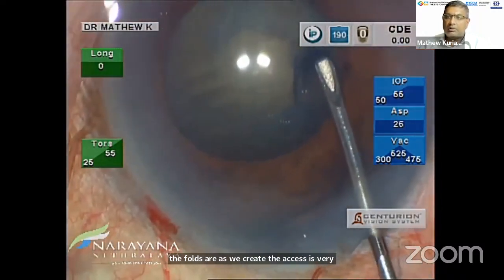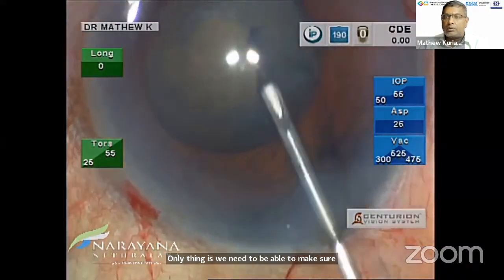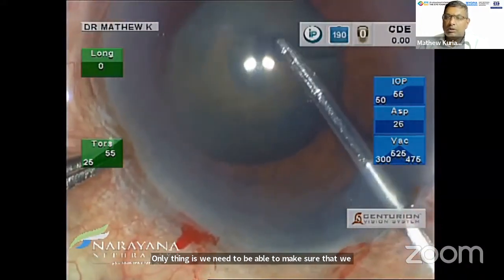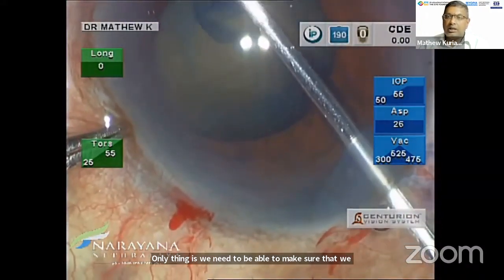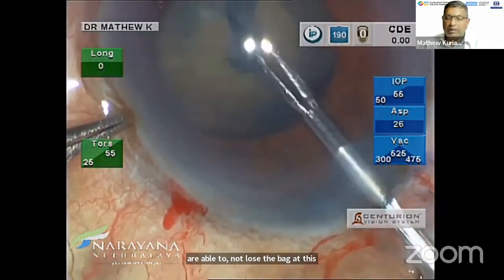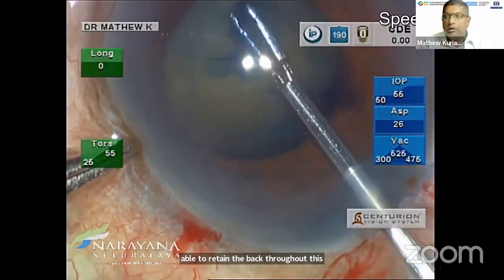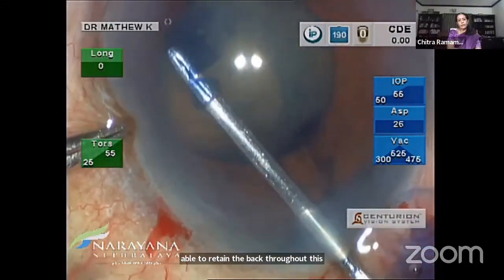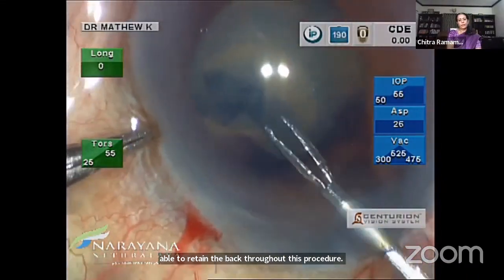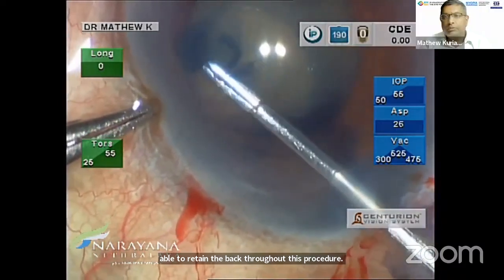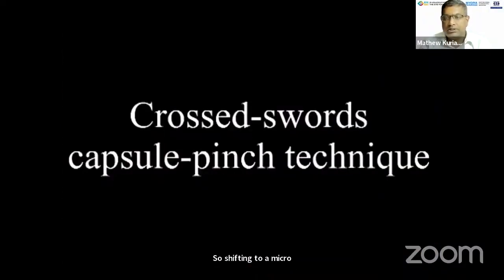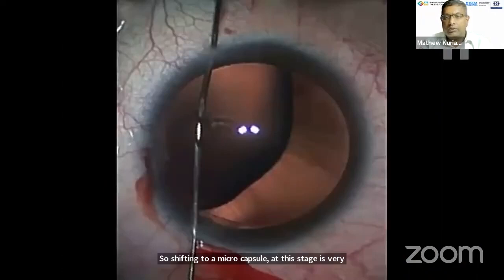The only thing is we need to make sure that we do not lose the bag at this stage and are able to retain the bag throughout the procedure. Shifting to a microcapsular rhexis forceps at this stage is very good. We can use a crosswords technique when it becomes very difficult to dimple and break the anterior capsule.